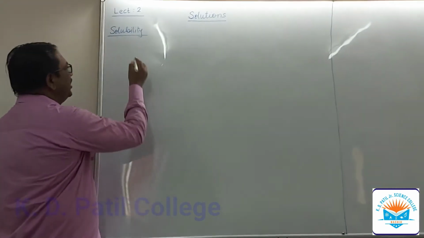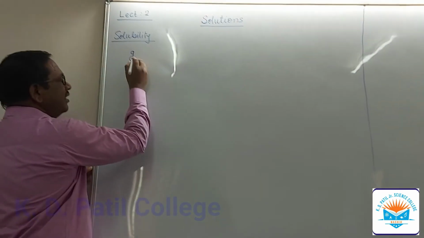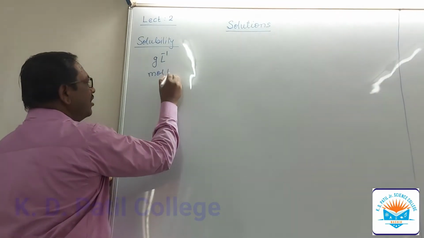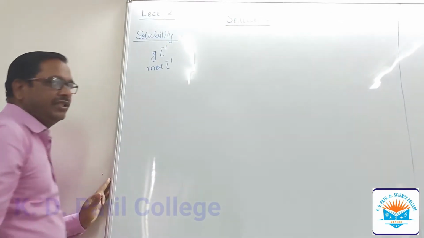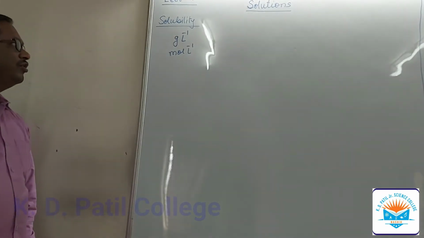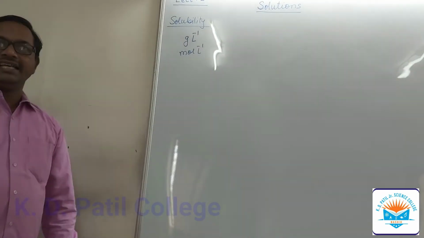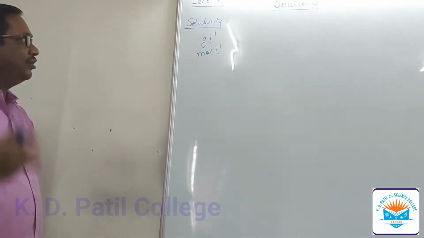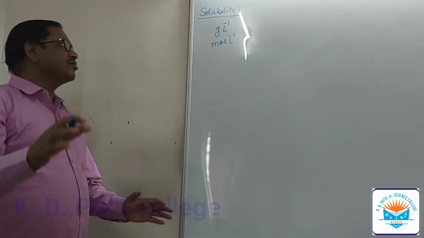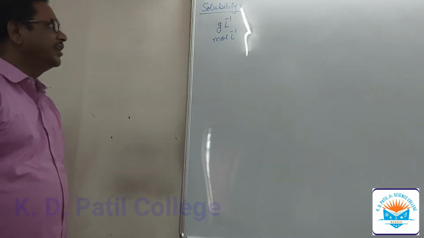This solubility is expressed in terms of grams per liter or moles per liter. This is the unit of solubility. Therefore, solubility is the maximum amount of solute dissolved in solution.